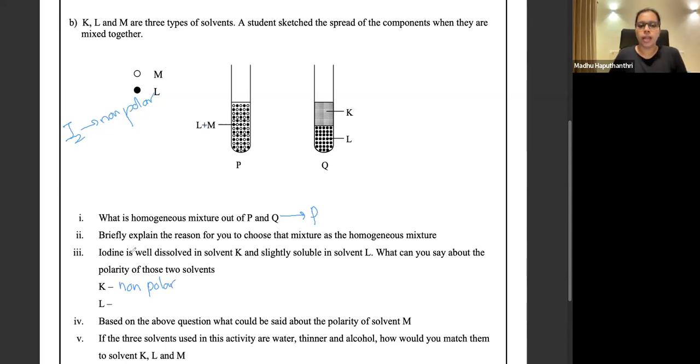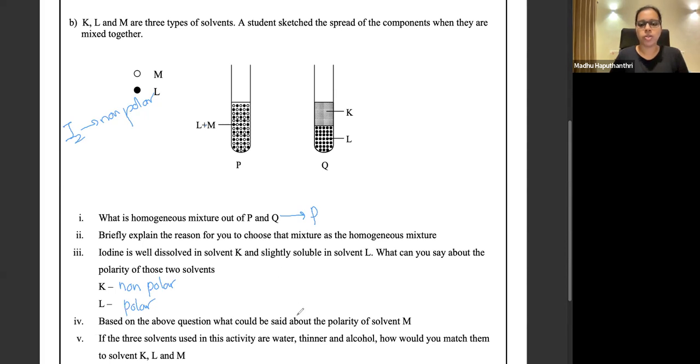And in solvent L, iodine is slightly soluble. So solvent L will be polar. Iodine is always nonpolar, so it is preferentially soluble only in nonpolar solvents.